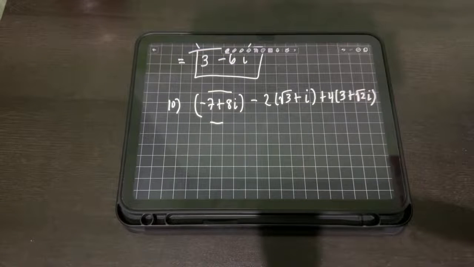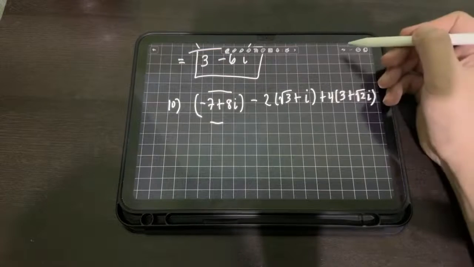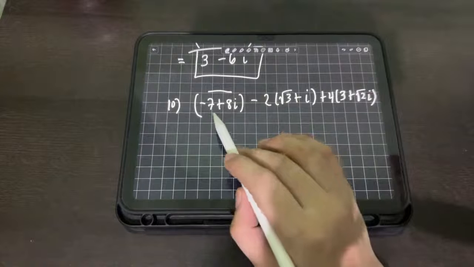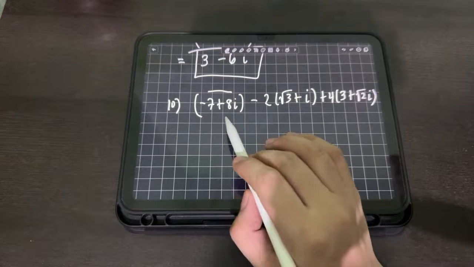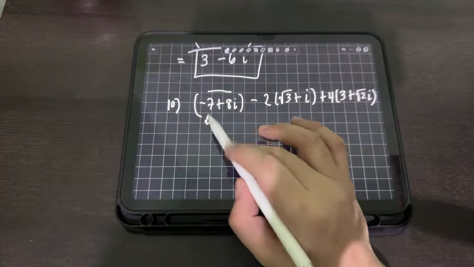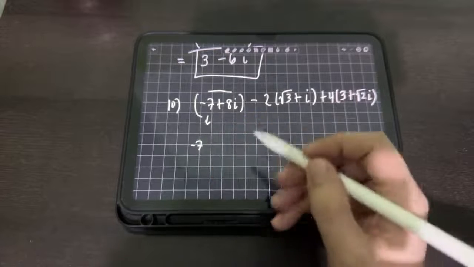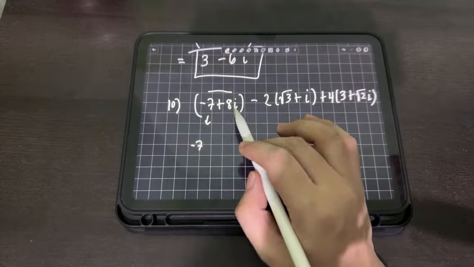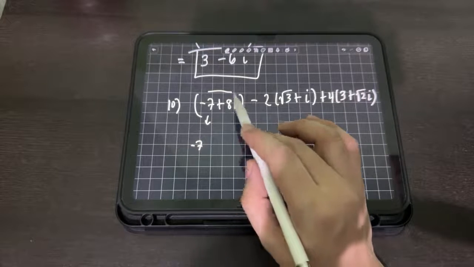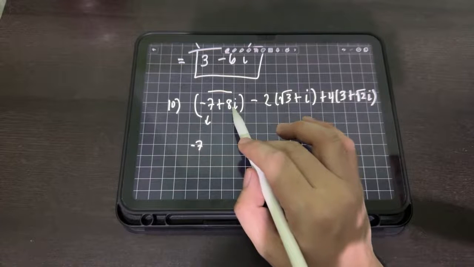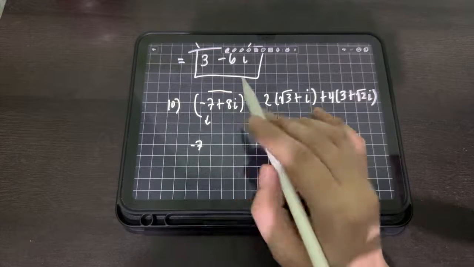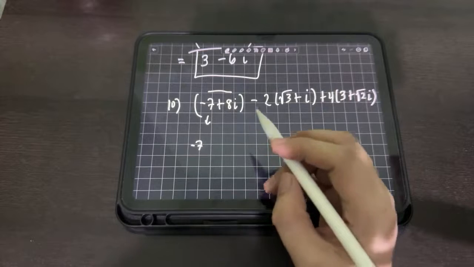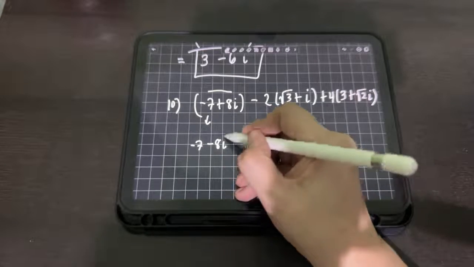I already gave you the definition to find the conjugate of a complex number. So what is the conjugate of negative 7 plus 8i? Just copy the real part, negative 7, and then get the additive inverse or opposite sign of the imaginary part. Since we have positive 8i, its opposite or additive inverse is negative 8i.